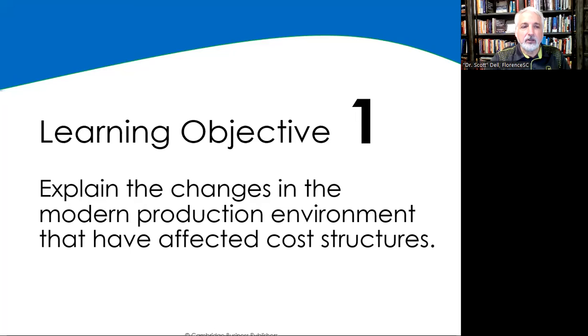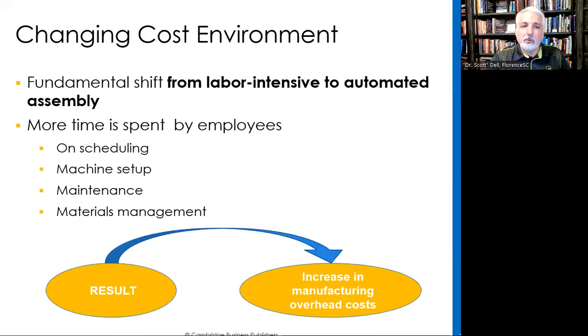So let's talk about cost structures and how they're evolving, how they're changing. When we look at our cost environment, and we've talked a little bit about this before, it is a little less labor intensive, but more automated, fixed asset, or more equipment intensive. So we're going to have some higher fixed costs, and we might have lighter employee or labor costs to go with that.